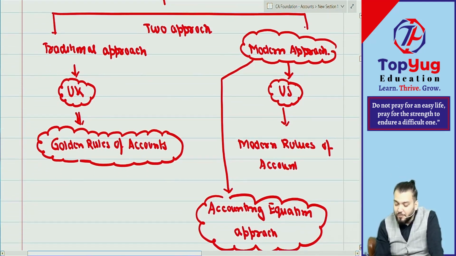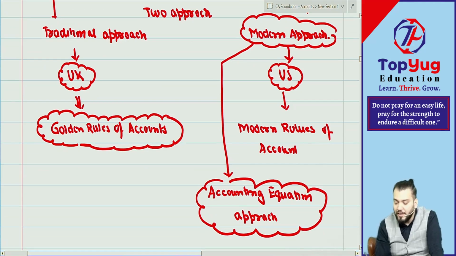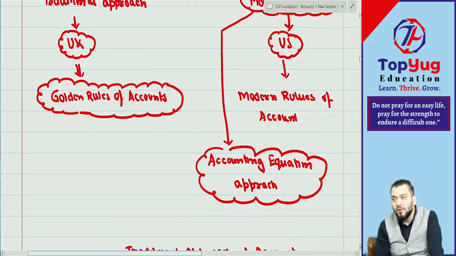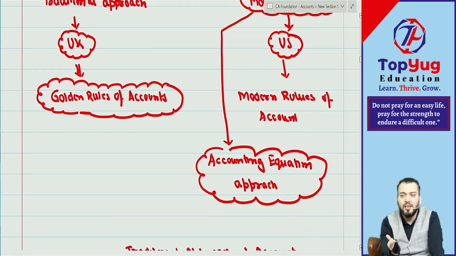Now traditional approach has given golden rules of accounting, and accounting equation approach has given modern rules of accounting. However, the end result by following both approaches will remain same. Means either you can follow traditional approach or accounting equation approach, the recording part will remain same, but slowly we realize that traditional approach is not a scientific approach.